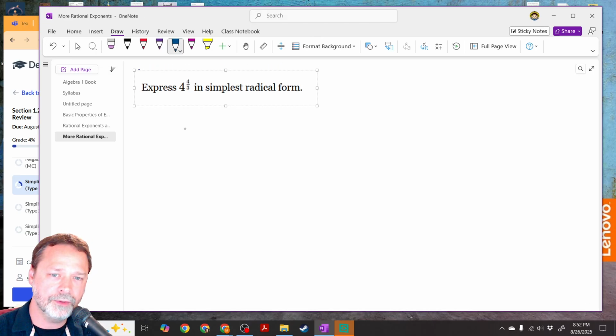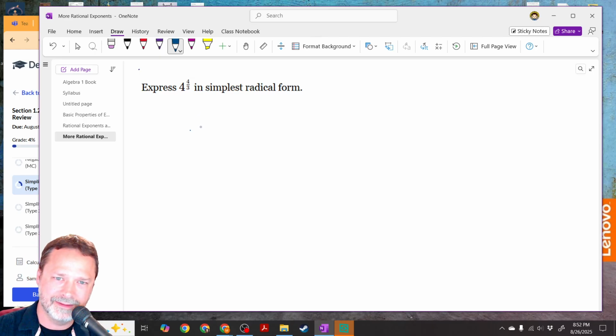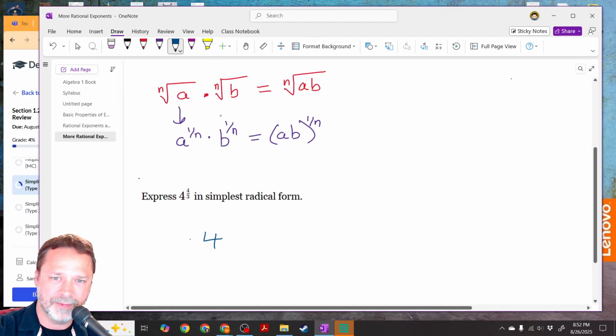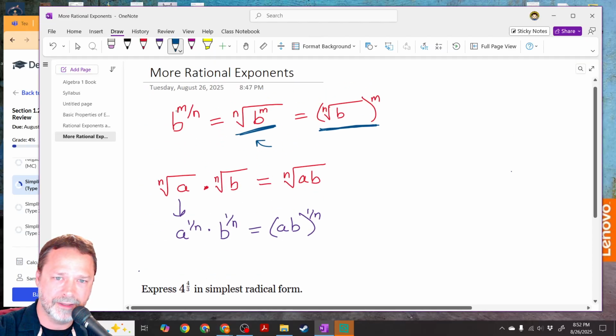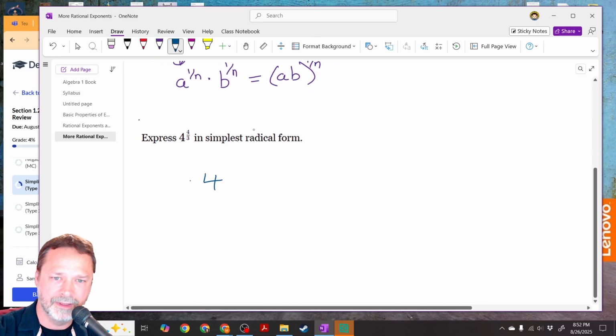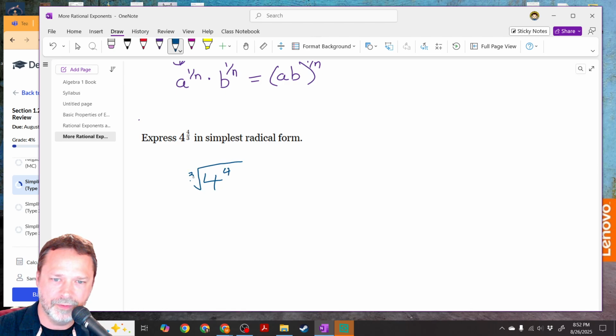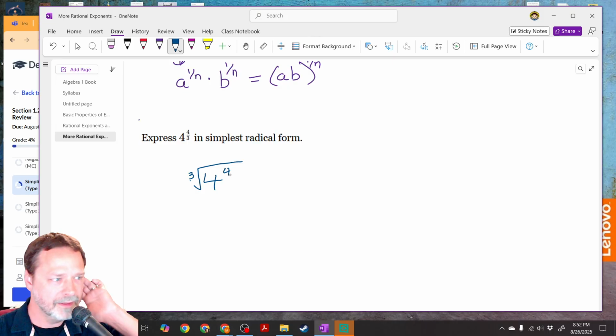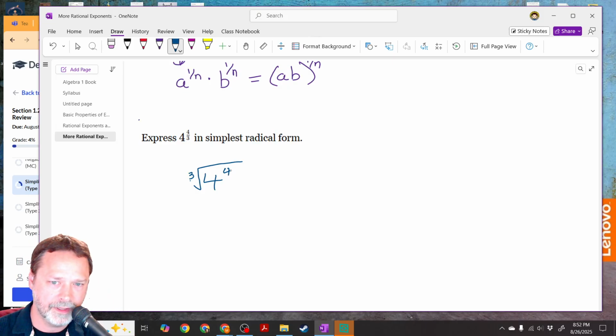So no matter how you do these, what you're going to want to do is rewrite this using the property I explained already. So what property is that? The numerator is the power, the denominator is the root. So what I've got is the cube root of 4 to the 4th.